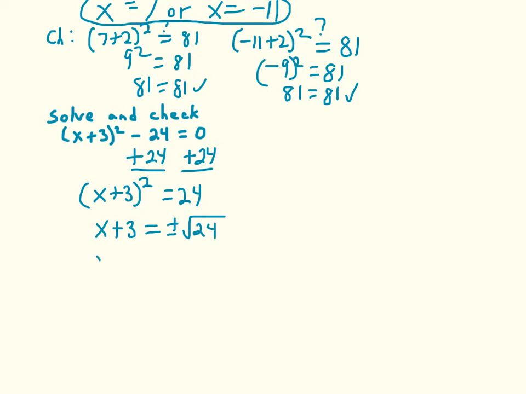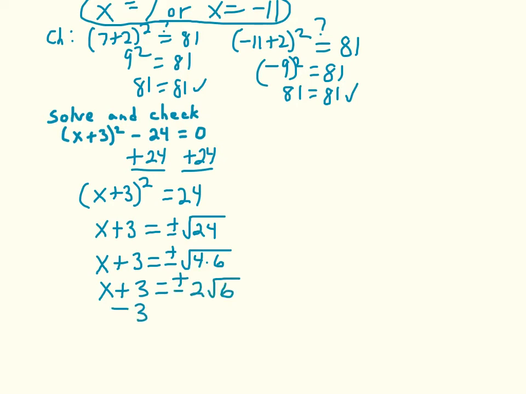And so let me simplify that radical a little bit. So remember, that's got a 4 in it. So I'm going to say x plus 3 equals positive or negative 2 root 6.